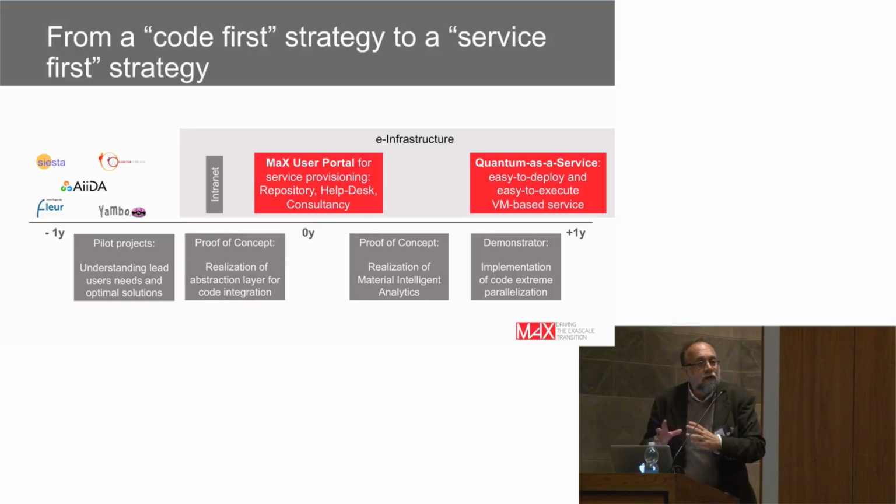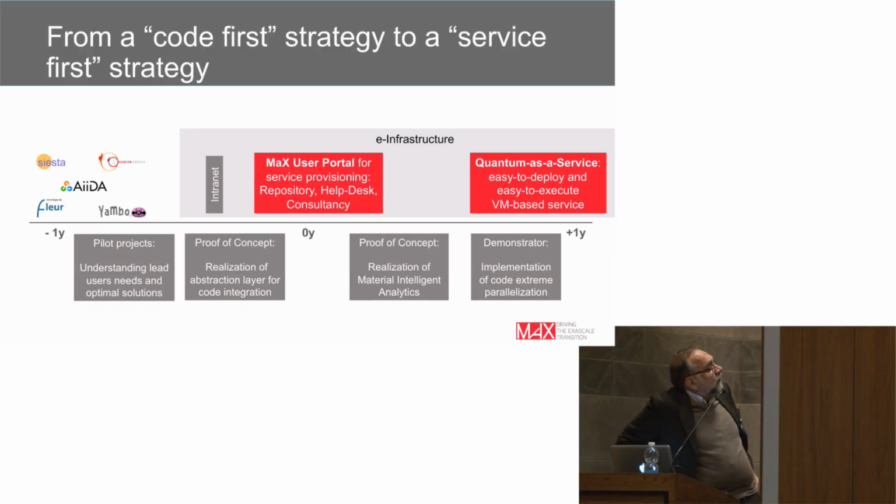So we are now concentrating on services because services are the way in which we will interact with our customers. And we are developing together with BioExcel and with Compbiomed and other centers of excellence. We are collaborating in understanding the business models that can be implemented on this kind of services, okay?